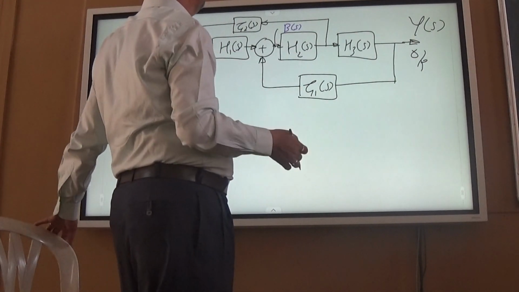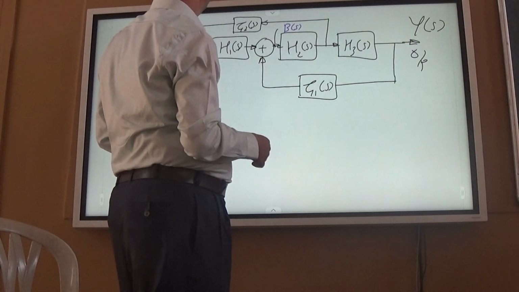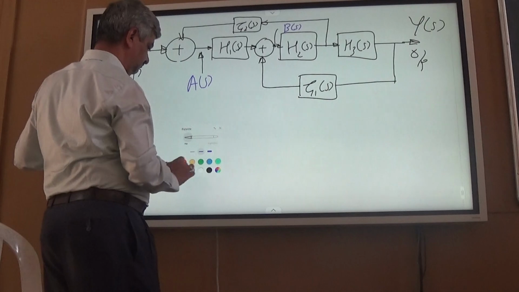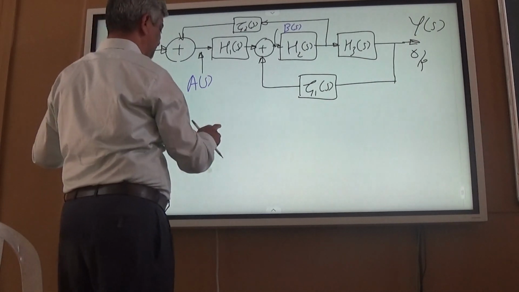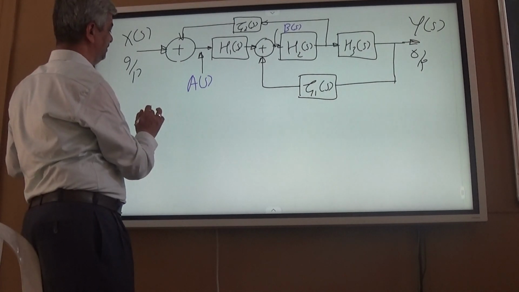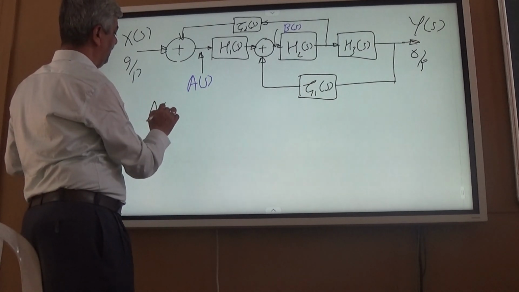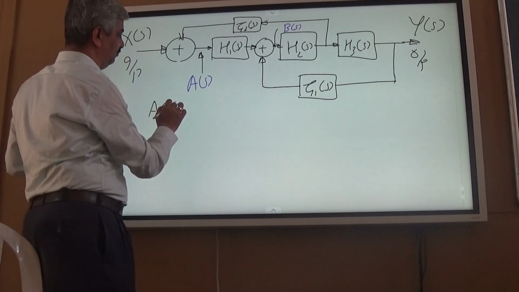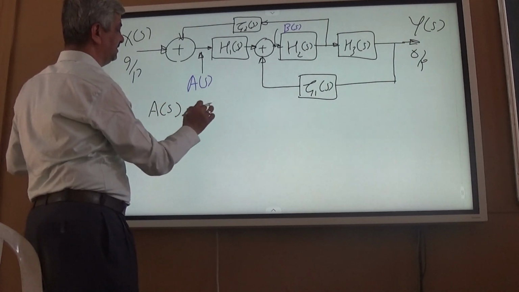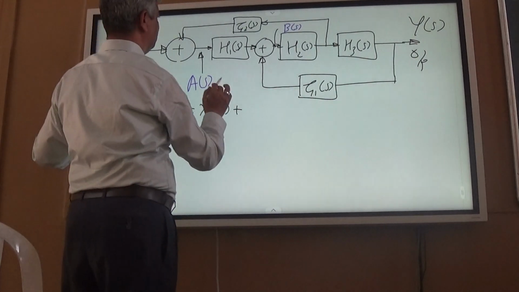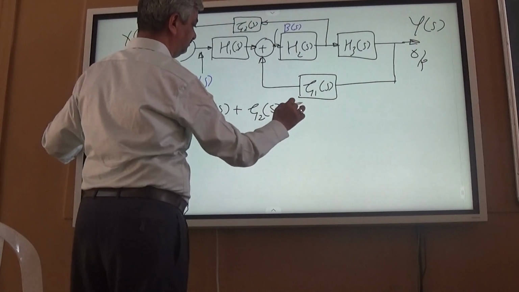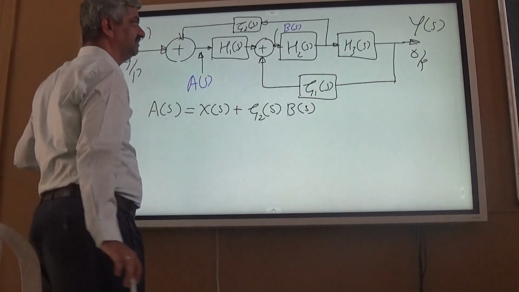So how do we proceed? We write simple steps. What is the first thing which you can write? A(s) is equal to X(s) plus G2(s) B(s), right?